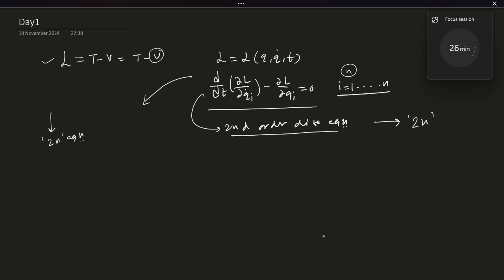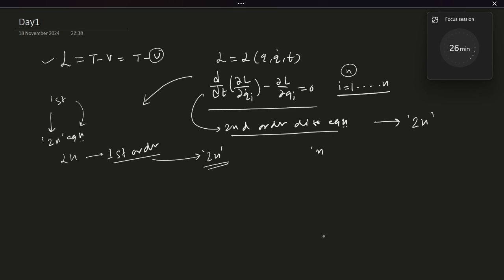If you want to consider first order differential equations, then you have to consider 2n equations, because 2n first order differential equations can have 2n boundary values, and the boundary values come from the system. So when you are talking about first order differential equations, you have to consider 2n differential equations.